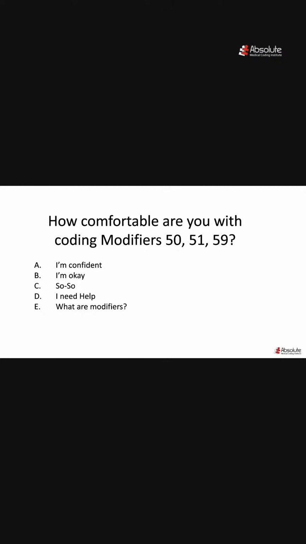And if you say, what are modifiers, you might be our I2MC students. So if it's E, I want to know. And this is a no judgment zone, right? We're not judging. Go ahead, type your answer in the chat.